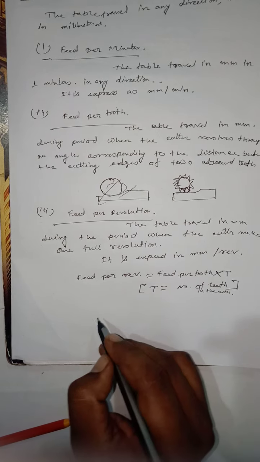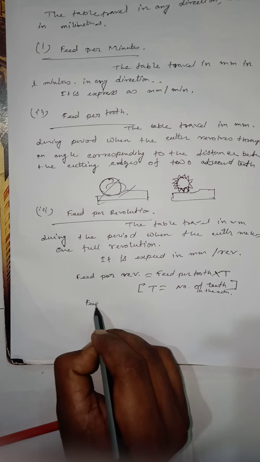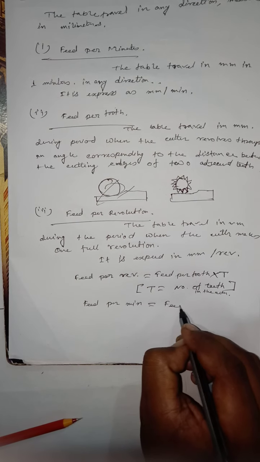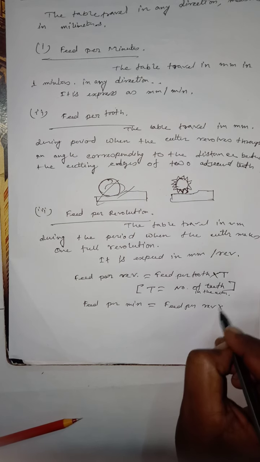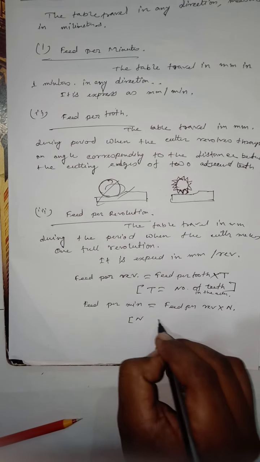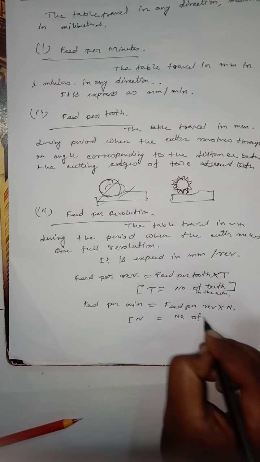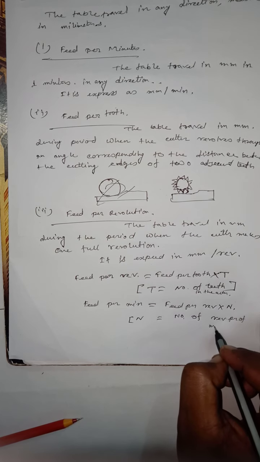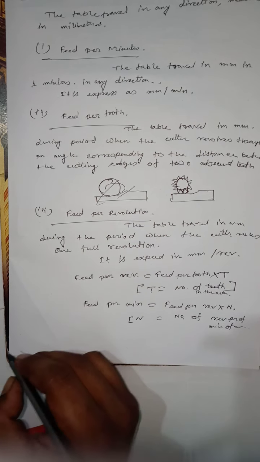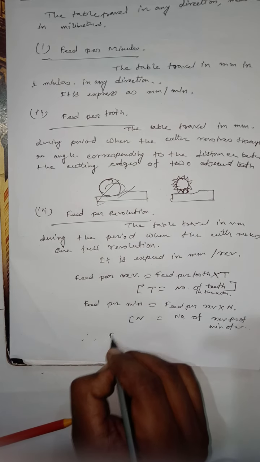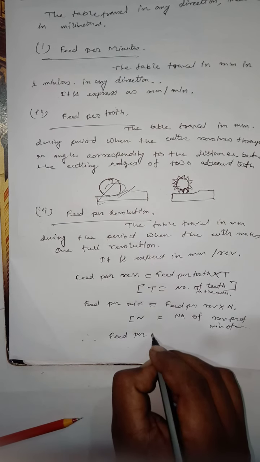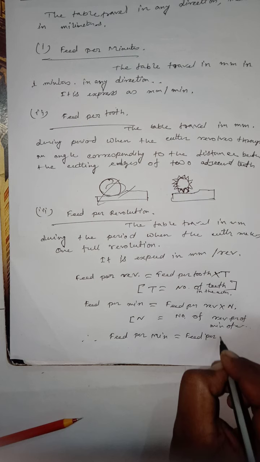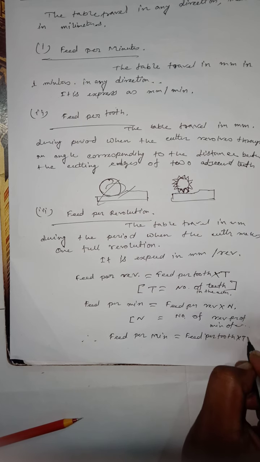And feed per minute is equal to feed per revolution into N, where N is the number of revolutions per minute of the cutter. So the feed per minute is equal to feed per tooth into T into N.